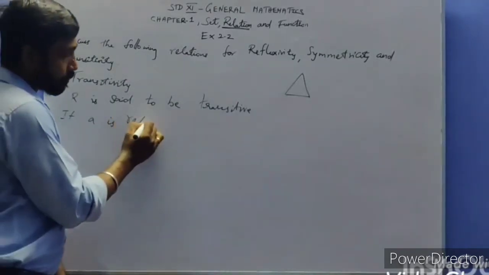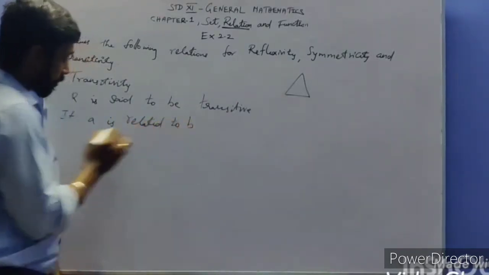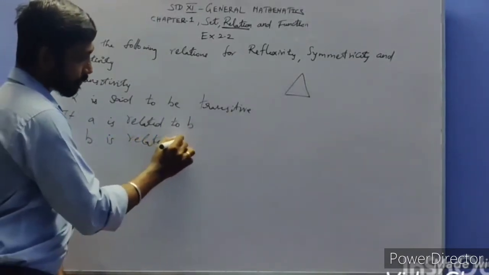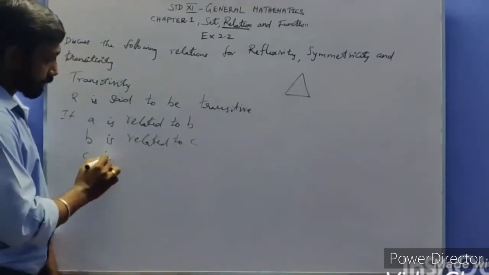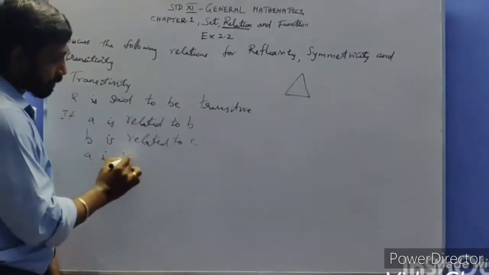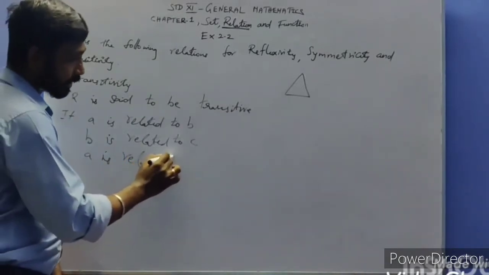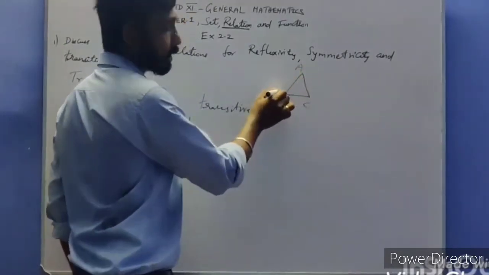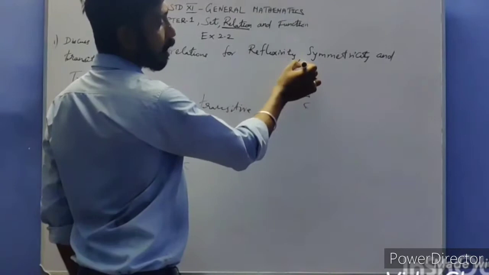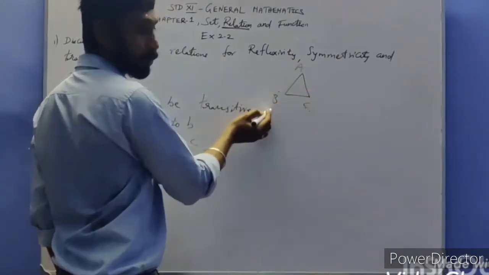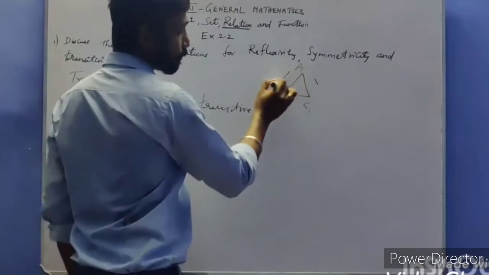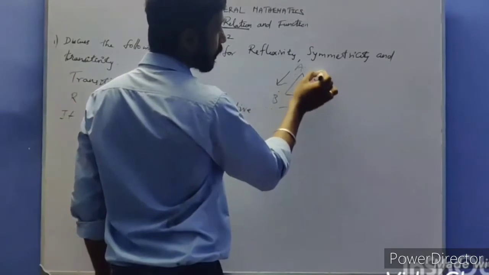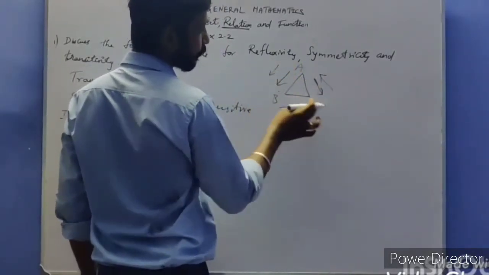If A is related to B, B is related to C, then A is related to C also. Like this, A, B, C. Whether you go anti-clockwise or clockwise, it is the same relation only.